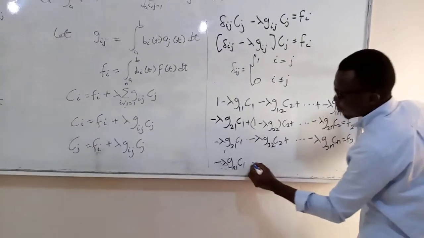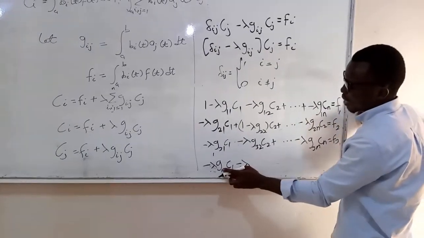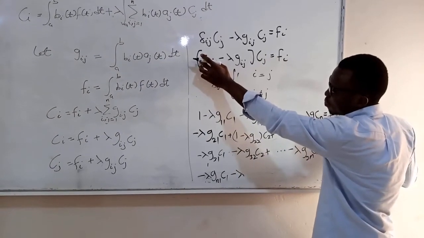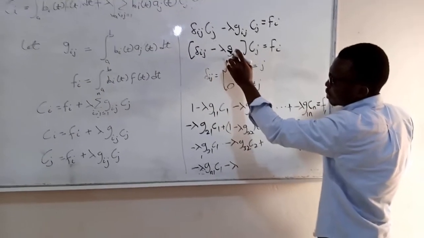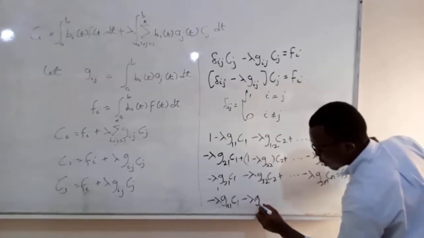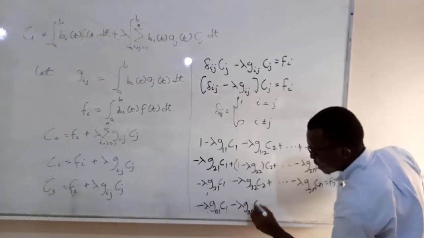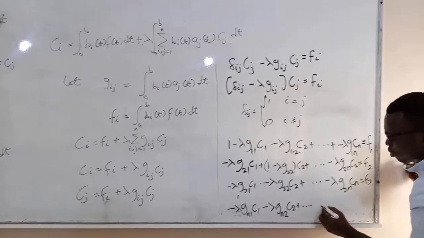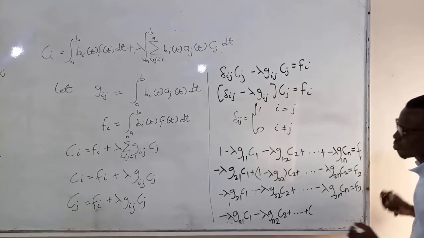And the next one, we're going to have still minus, because we're having n and 2. The connected delta function here becomes 0. So minus lambda j n 2, then c, j is 2, c2 plus dot dot plus into bracket.